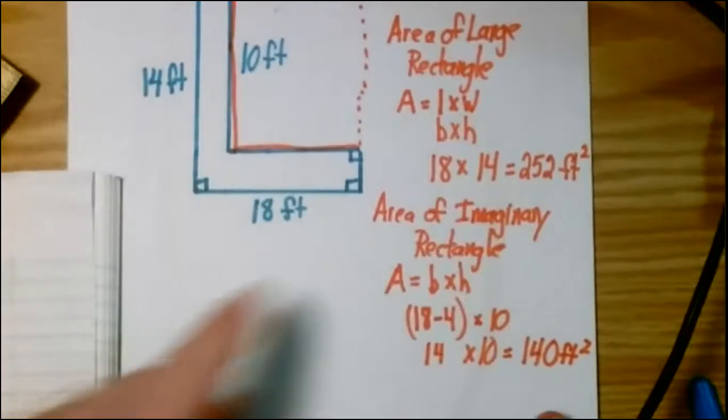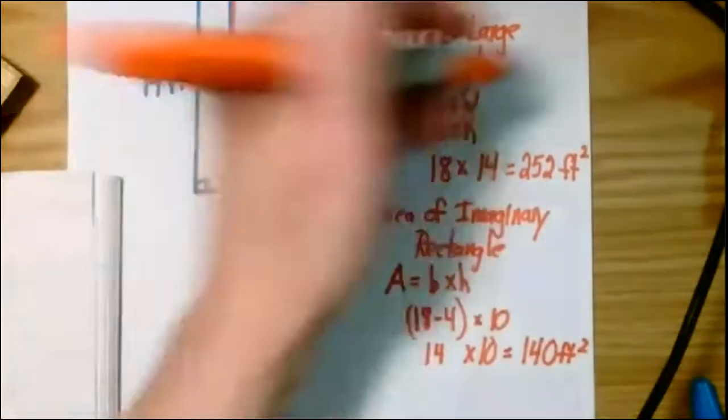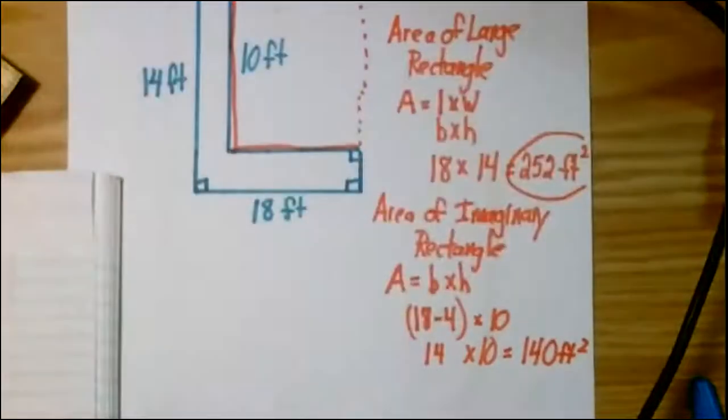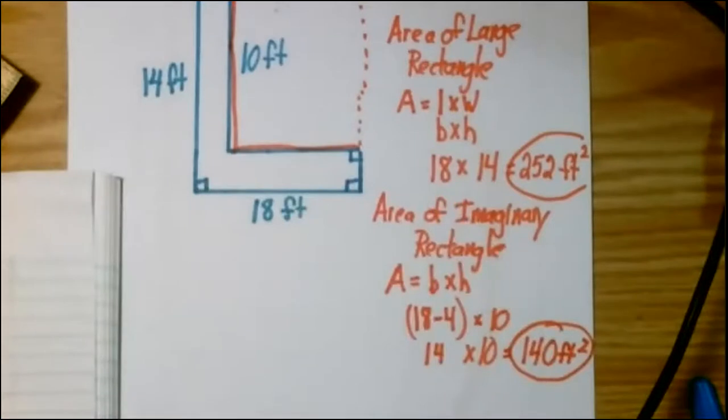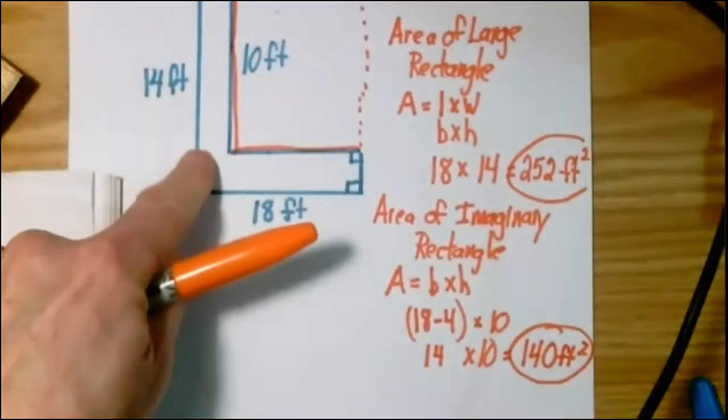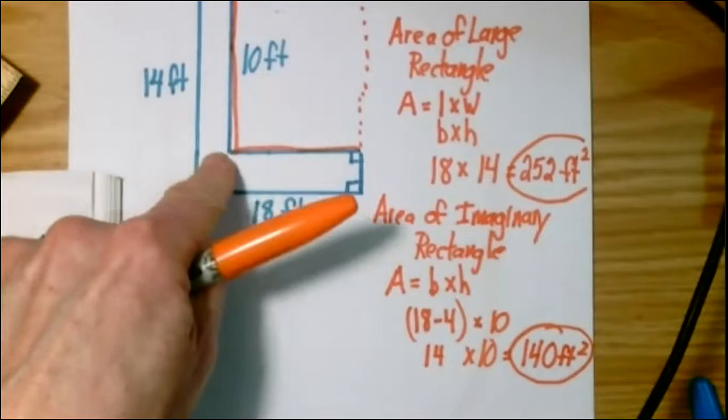Now, if we subtract out the area of the whole rectangle minus the area of the imaginary rectangle, that should give us just this part, just the blue part.